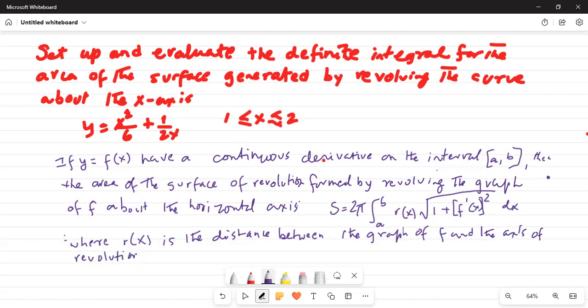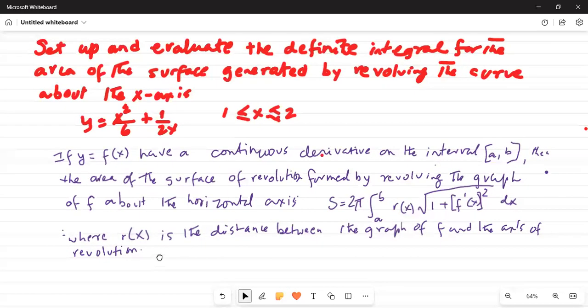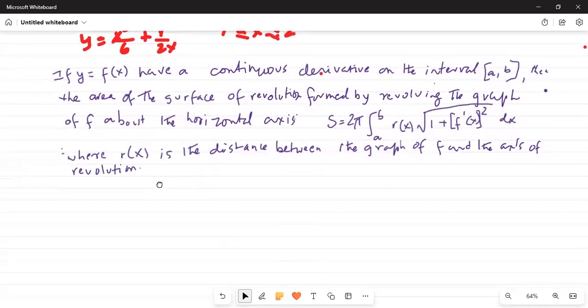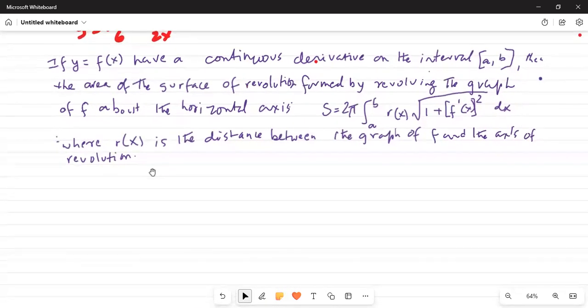Okay, so we are going to use that formula. Let me move this a little bit up and create some space.